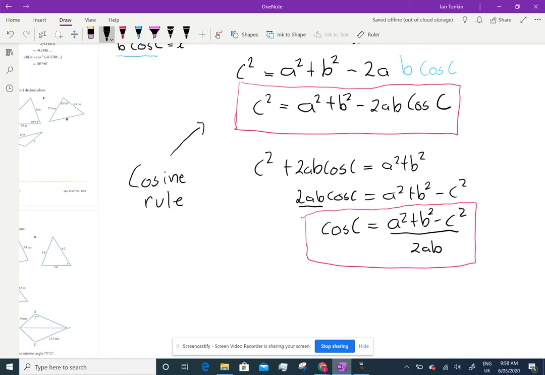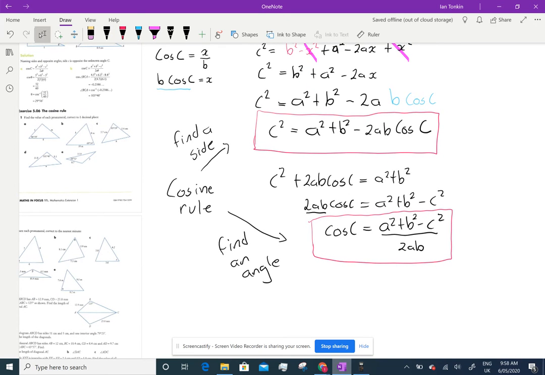When you need to find a side, you use that one. And when you need to find an angle, you use that one. Now, when you're doing questions like these, you've got to remember which is which.